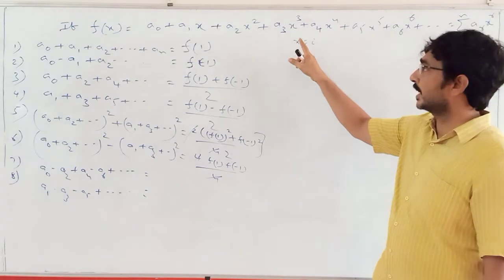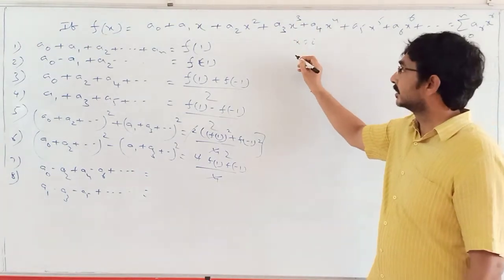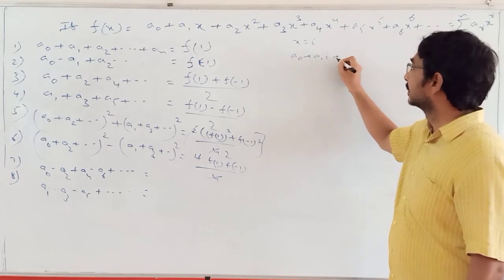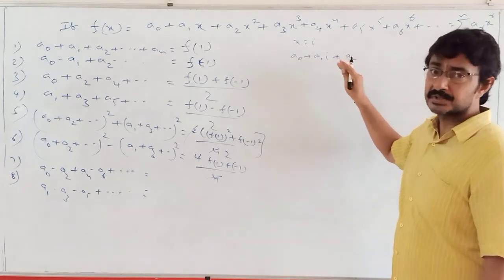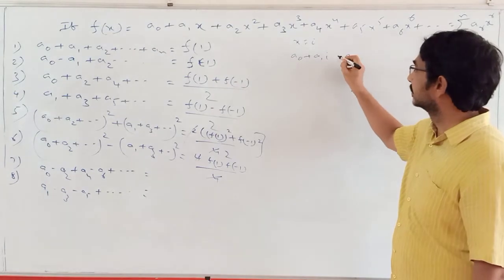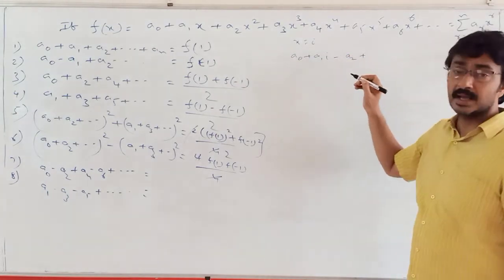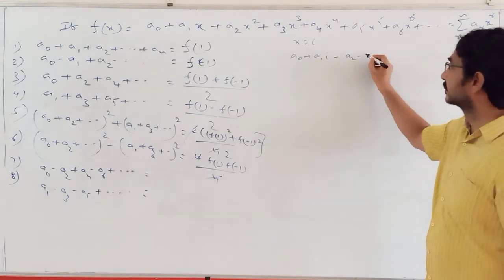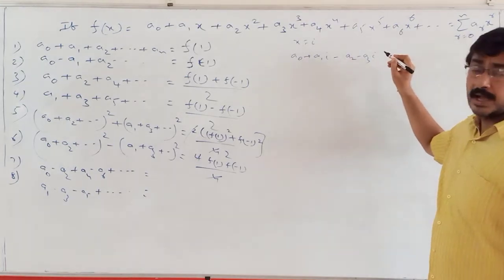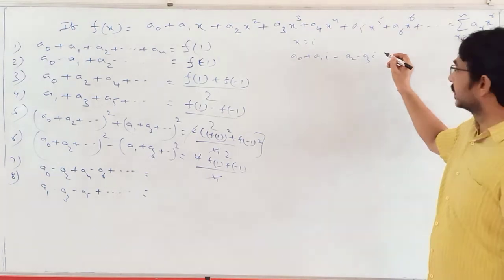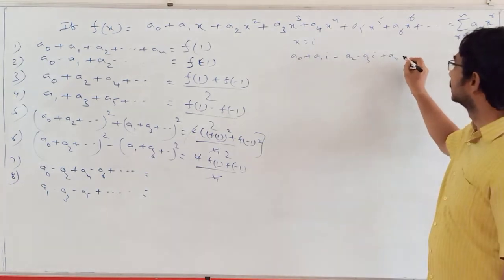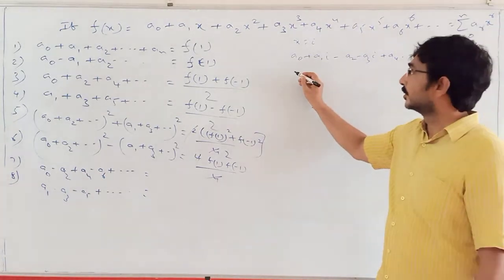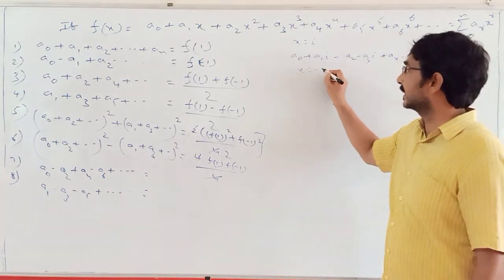Put x equal to i on both sides of the given one. So a0 plus a1 i, plus a2 i square, value minus 1, okay, plus a3 i cube, value minus i, plus a4 i power 4, value 1, and so on, equal to f of i. Next, put x equal to minus i on both sides.